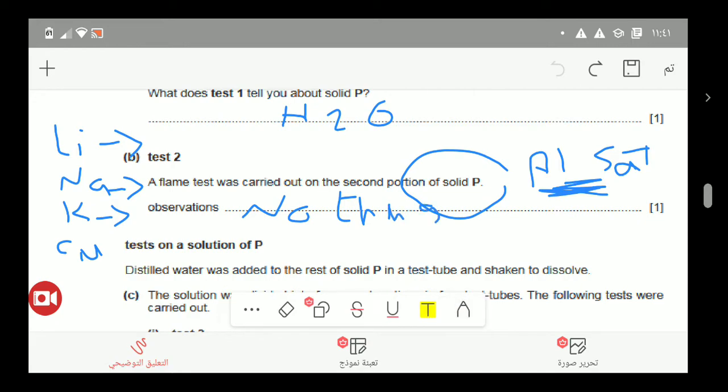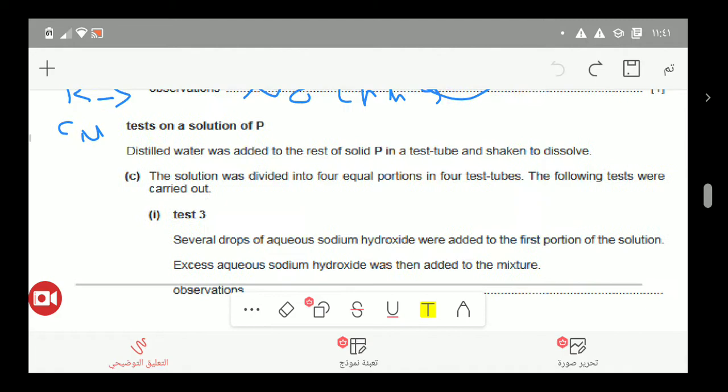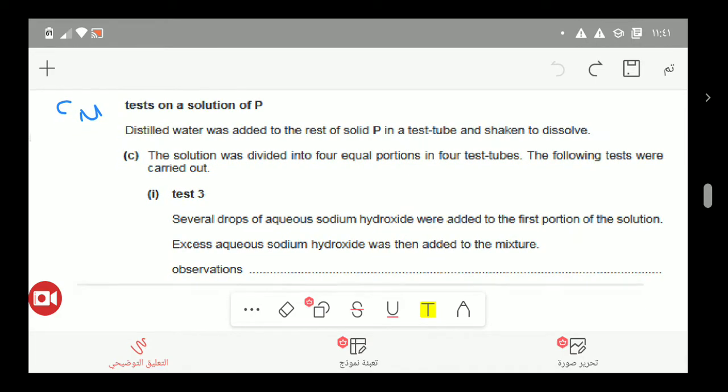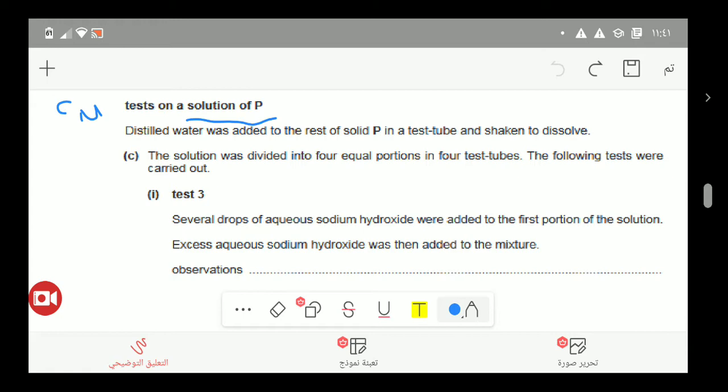Next question: tests on a solution. We move now to a solution, which here means the aluminum salt plus water; he dissolved it in H2O.